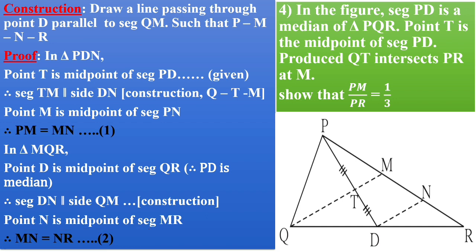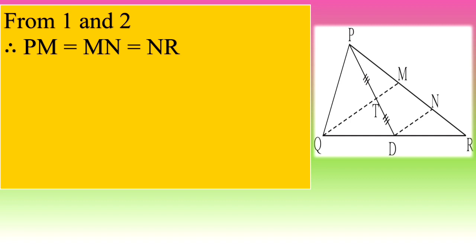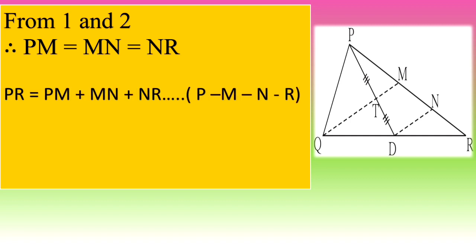So from first and second we get PM is equal to MN and MN is equal to NR. So PR equals PM plus MN plus NR, and P, M, N, R are collinear.